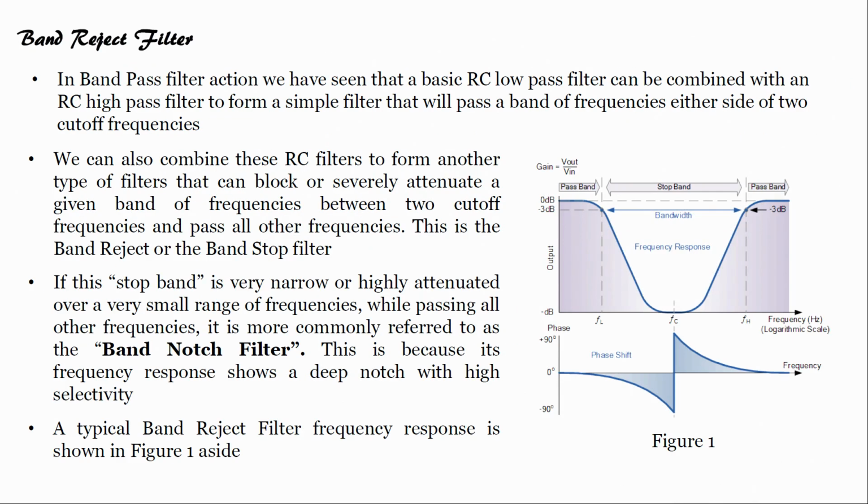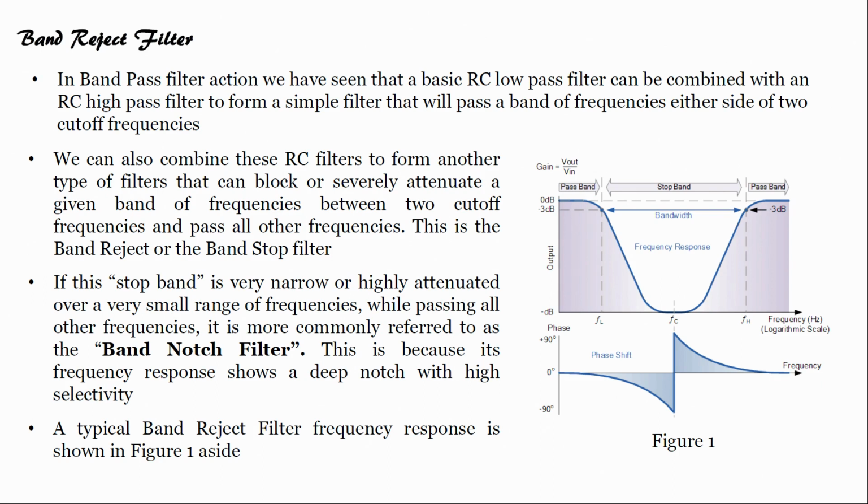So, the band reject filter has an RC low pass filter combined with an RC high pass filter. We can combine these RC filters to form another type of filter that can block or severely attenuate a given band of frequencies between two cutoff frequencies and pass all the other frequencies, right. By tweaking the values of R and C, we can allow a certain band of frequencies to pass, or even block just a single frequency.